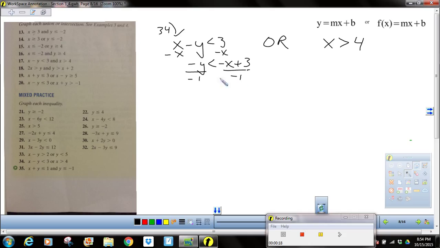I have to divide by negative, so I reverse the sign. And I'm going to put the two on the same graph. On this one, y-intercept is negative 3. Slope is 1, so as I go over 1, I will go up 1. It does not have the equal to part, so it's a dotted line. Y is on the large part of the symbol, so it's shaded above.